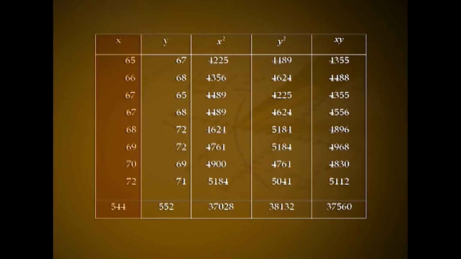X values 65, 66, 67, 67, 68, 69, 70 and 72. The corresponding y values 67, 68, 65, 68, 72, 72, 69 and 71. X square values 4225, 4356, 4489, 4489, 4624, 4761, 4900, 5184.